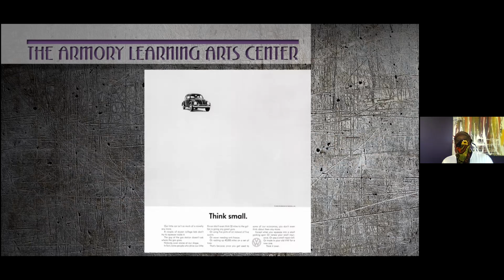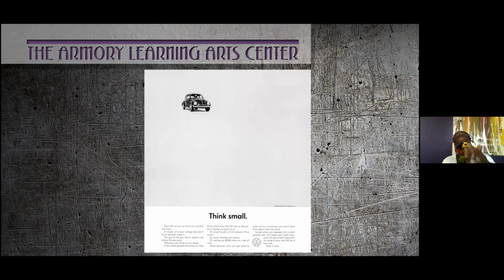This is an ad for Volkswagens. As you probably all know, although I understand they've stopped making them again, the Volkswagen Beetle was a car known for its small size. And the ad says, think small. So they were able to indicate the smallness of a Volkswagen Beetle by placing it up in one corner and using most of the space in the ad to shrink the size of the Beetle.